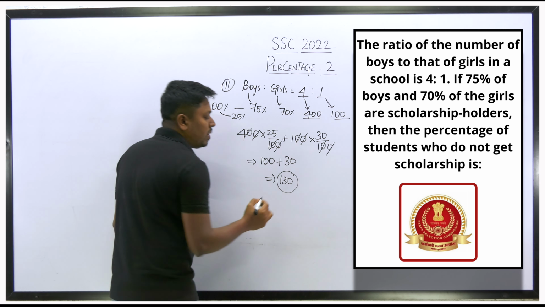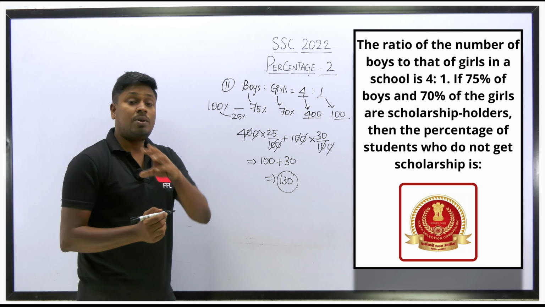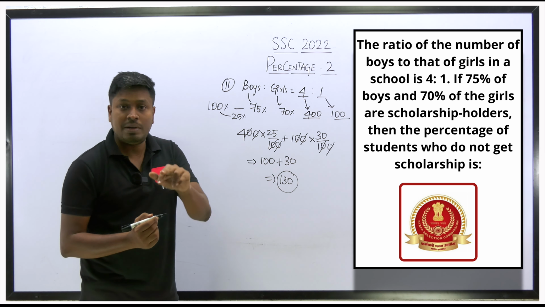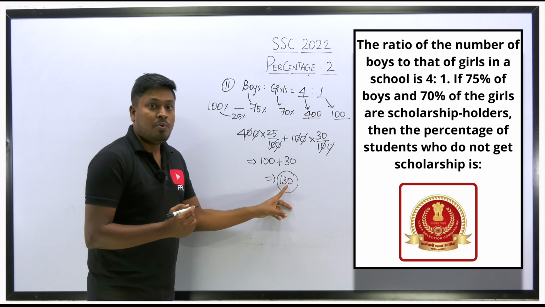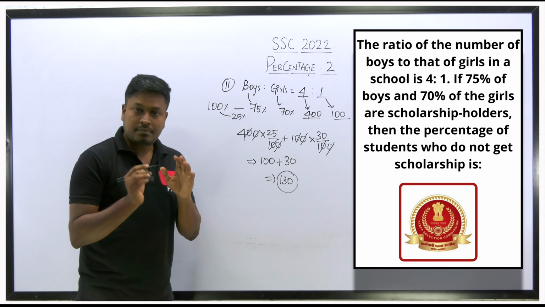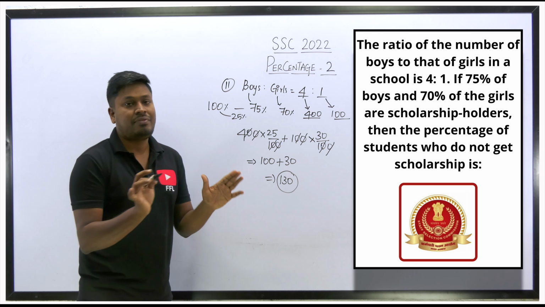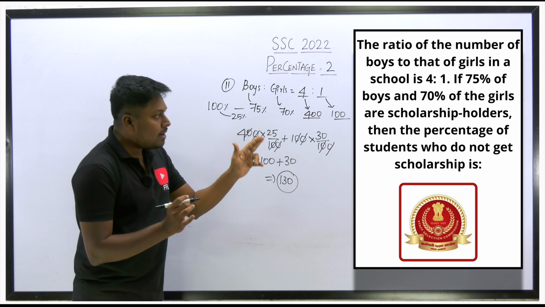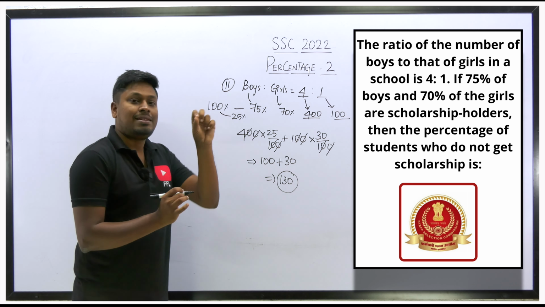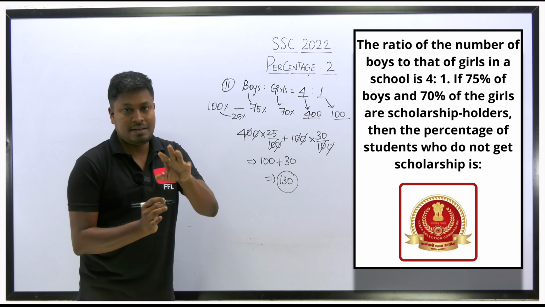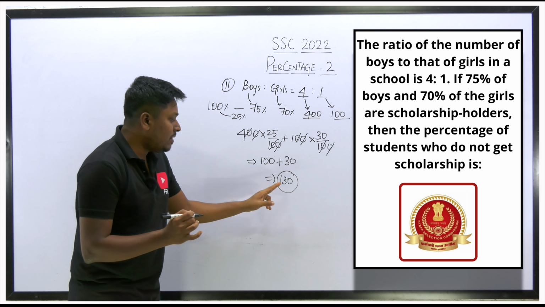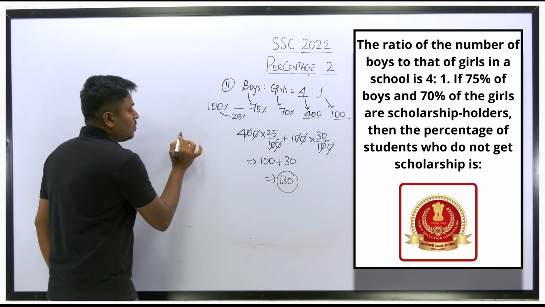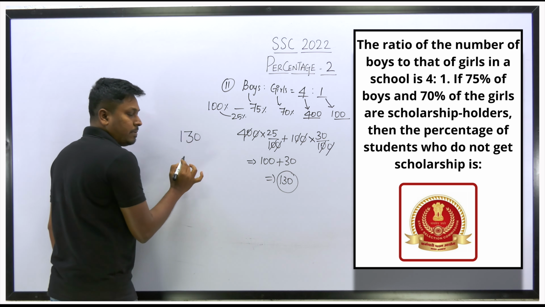So 130 is the total number of students, not only boys or only girls, who did not get a scholarship. But listen here, this is not your final answer. Why? Because they are asking in terms of percentage, the percentage of students who did not get a scholarship.